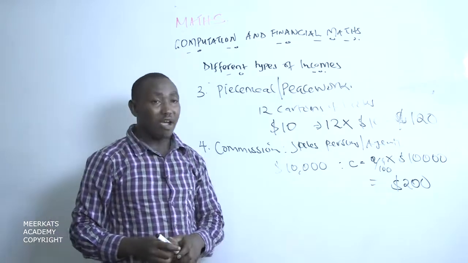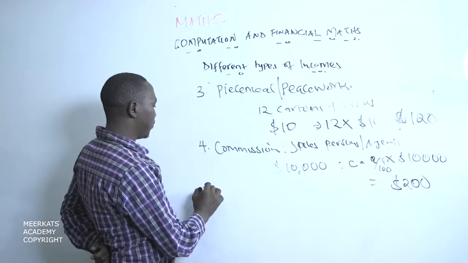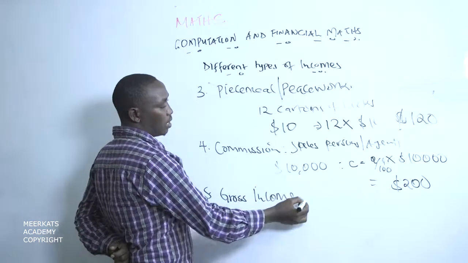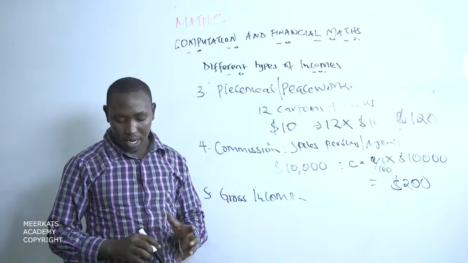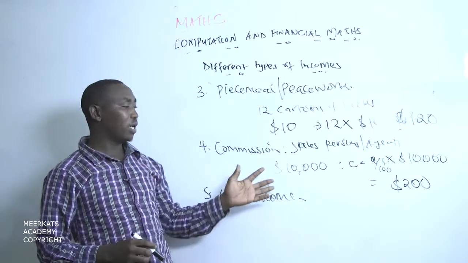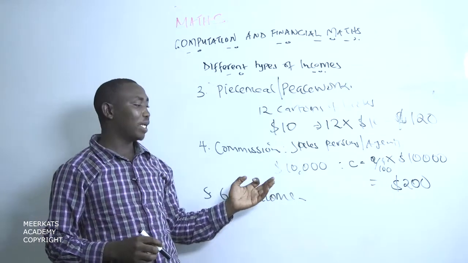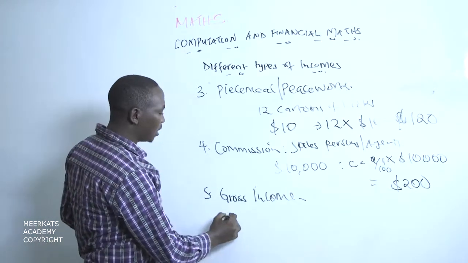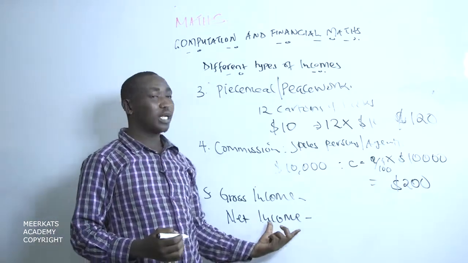Lastly, we have what we call gross income and net income. Gross income refers to a person's total earnings, that is, before any deduction has been made. Deductions are normally made in the form of taxes or other expenses such as medical bills, retirement savings, etc. We also have net income, which is a person's take-home income.